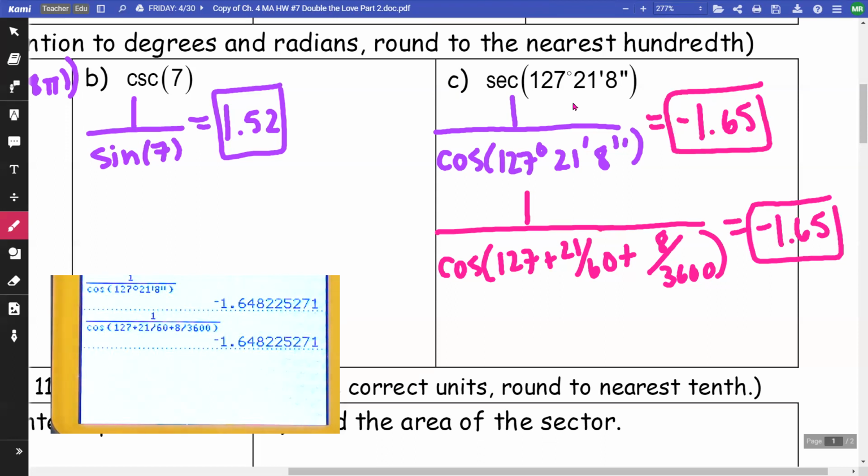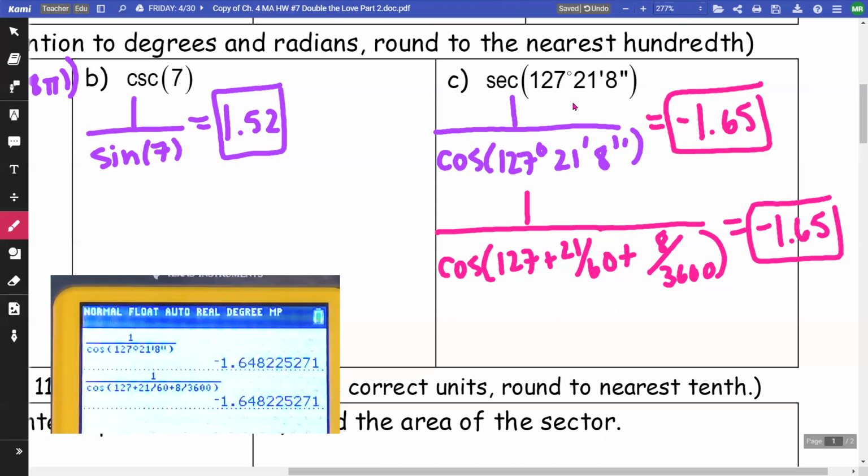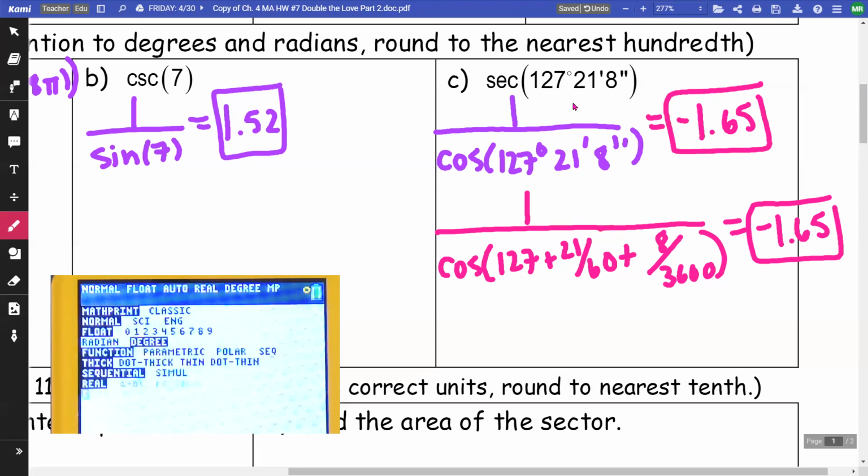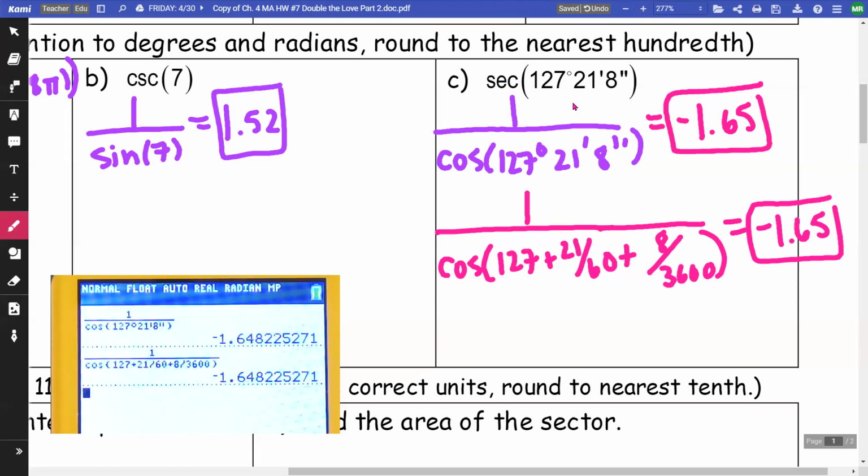Now, what I want to show you is if my calculator is in radians. So let me put the mode back in radians. And I'm using the degree symbol or the degrees, minutes, seconds. I can actually force my answer even if it's in radians, so I'm going to get this again.